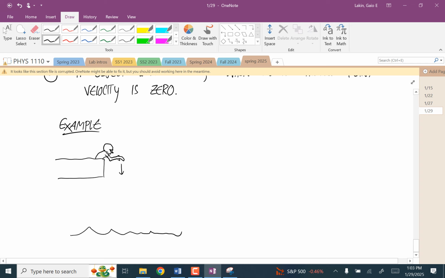Don't do this if there's boats coming. And so you drop the rock and it takes 1.2 seconds for the rock to hit the water. How high is the bridge?